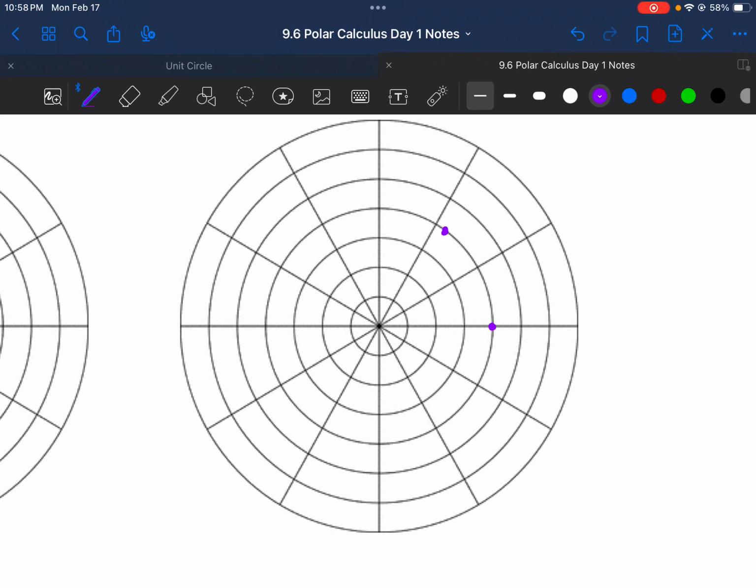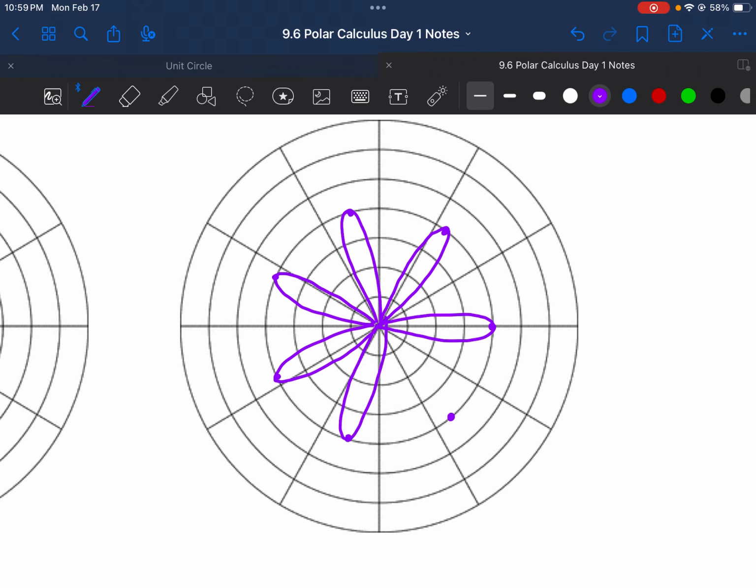Kind of guesstimating where these different points would be. Yeah, something like this. Again, the pathway that I'm taking is probably not the pathway your calculator is showing you.